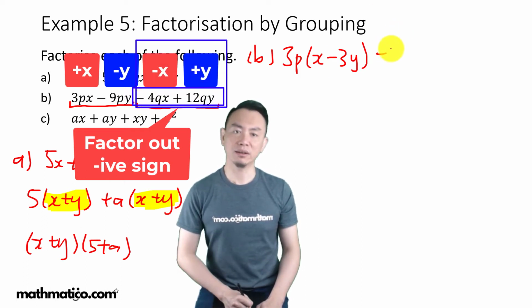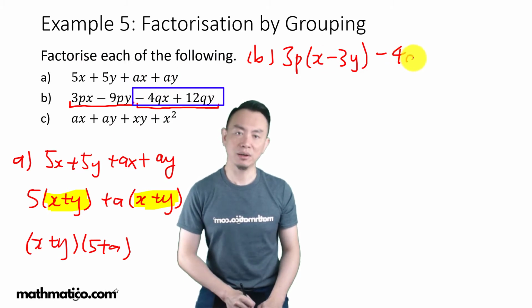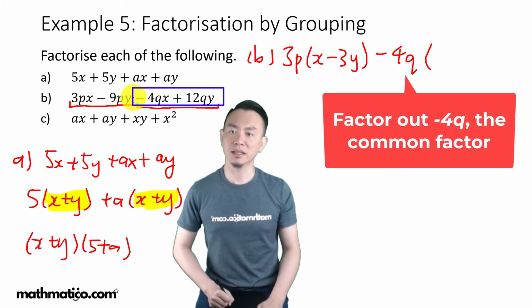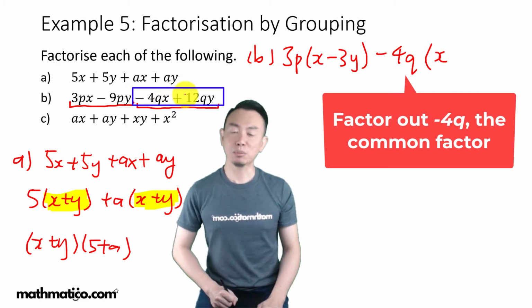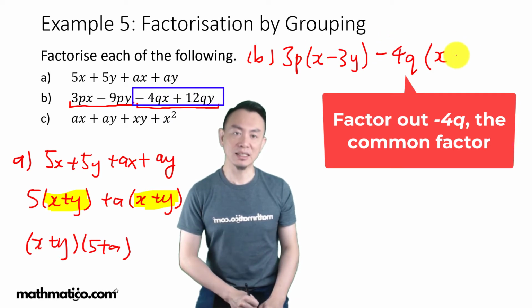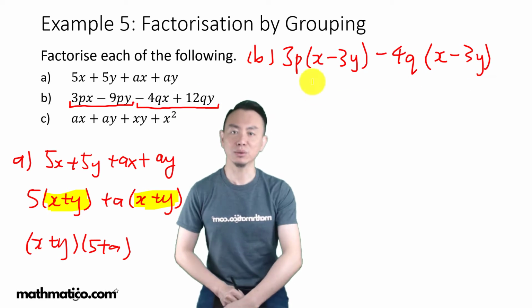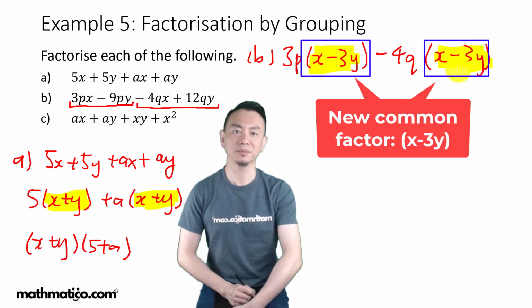For 12, I factor out a 4. And there's a q here, it has to come out as well. Negative 4q comes out, you're left with the x. This positive term, you factor out a negative sign here, and it's negative now. So you have 3y here. There you go, our new common factor, x minus 3y as anticipated.